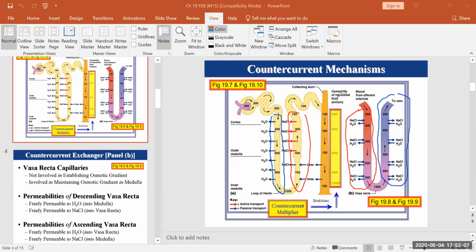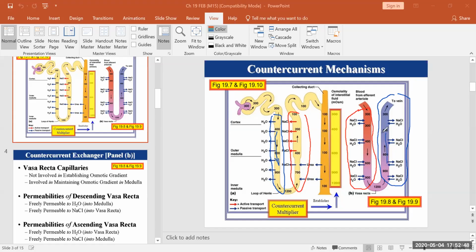If you look closely, this black arrow is going down for the blue part. The blue part here, the arrow is going up. So this is going down, and this is going up. Again, this is going down, the descending limb of the loop of Henle.